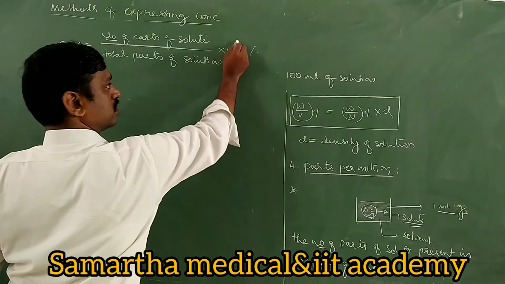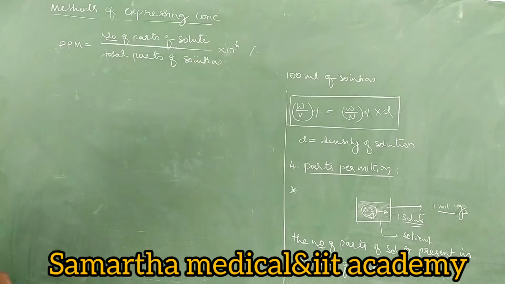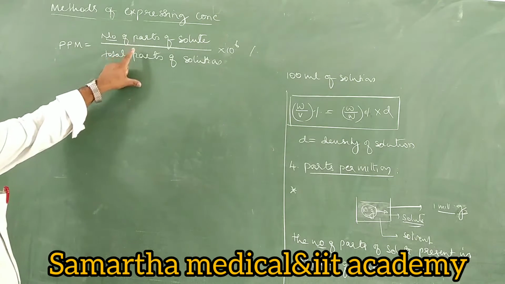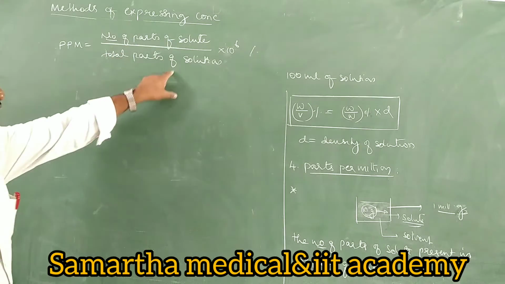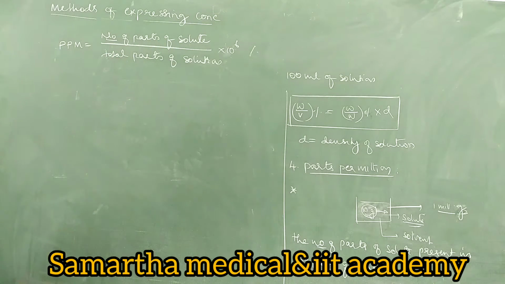The number of parts of solute divided by total parts of solution into 10 power 6. This is parts per million.